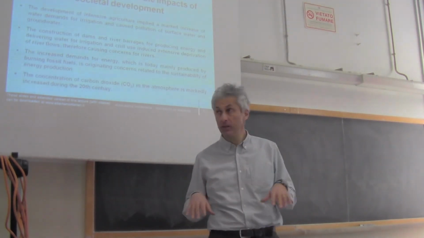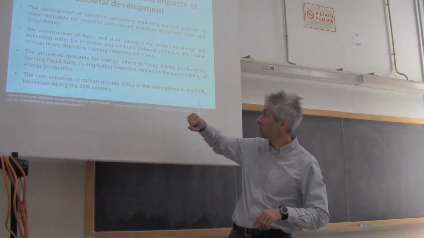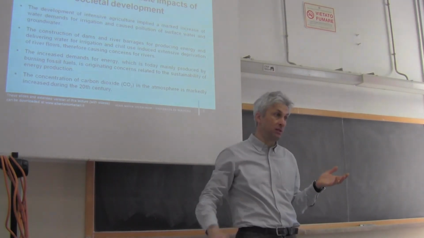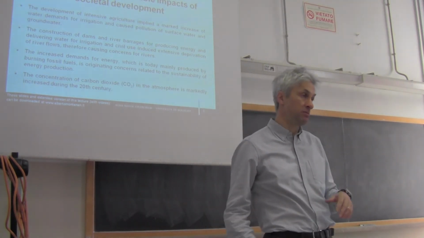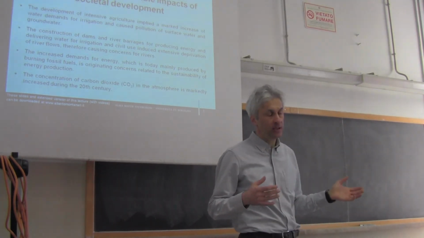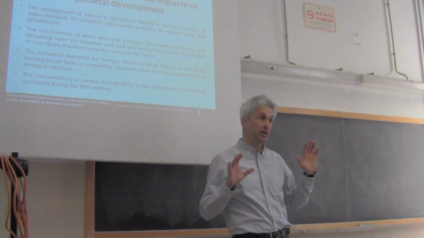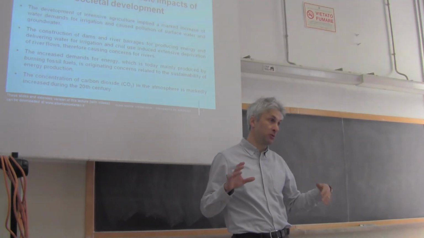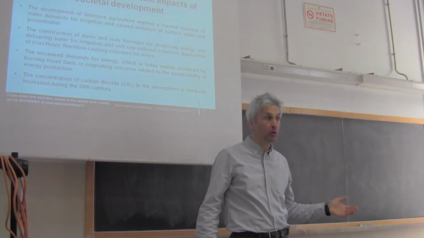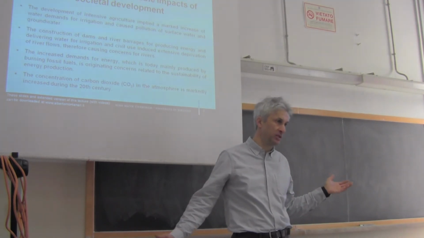which reduces the storage capacity. Now, increasing demands for energy, and today energy is still mainly produced by burning fossil fuels, which means CO2 emissions. And this problem will not be solved soon. Some people say on TV and on social media that in 20 years, renewable energies will cover most of our needs. This is unrealistic.